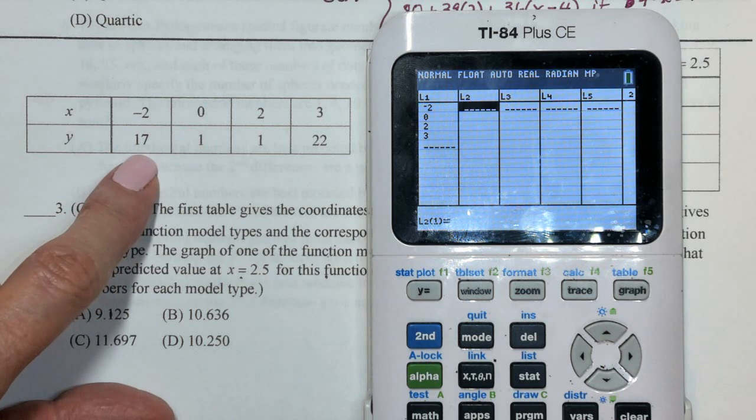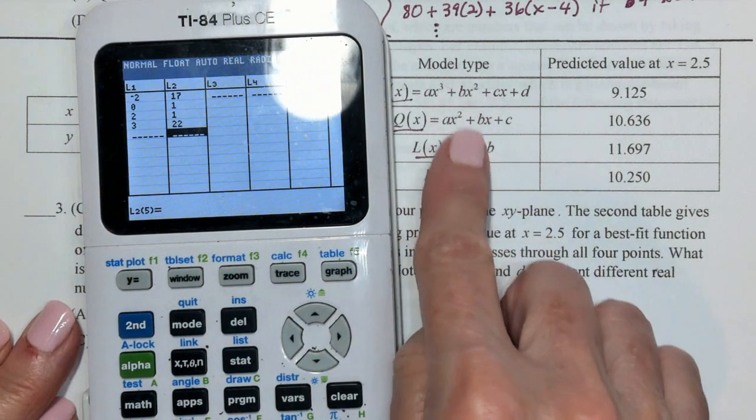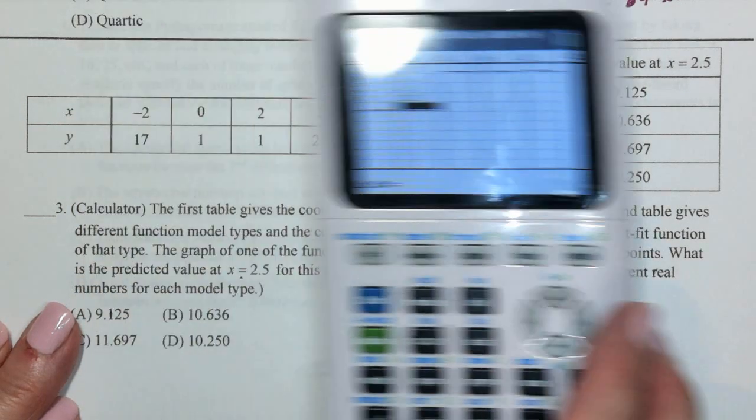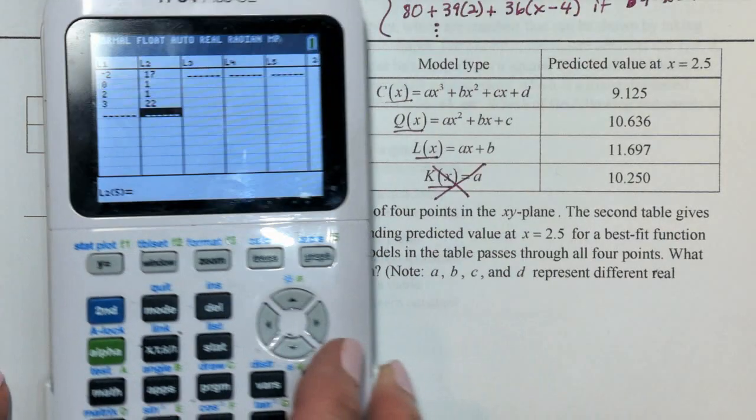And my new y values. Okay, so according to this, one of these is an exact fit. So one of these should give me a regression r squared value of 1. So let's find out which one.